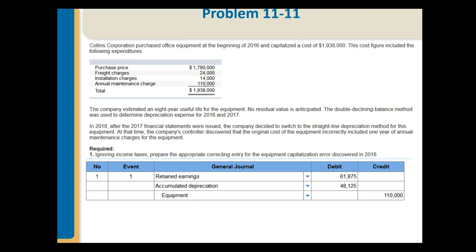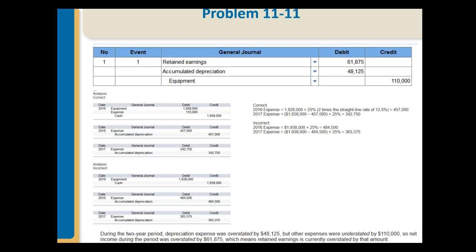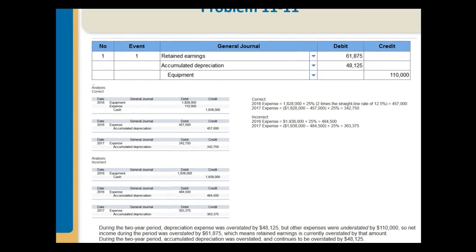We're going to debit the retained earnings for $61,875 and debit our accumulated depreciation of $48,125. So the way in which we are handling this transaction is a result of adjusting various expenses, or going back and looking at what needs to be corrected.